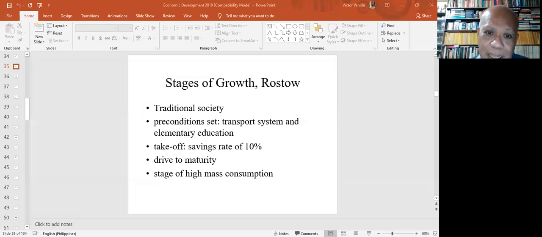Elementary education systems would mean being able to teach more and more individuals the basic elements of education: reading, writing, arithmetic.